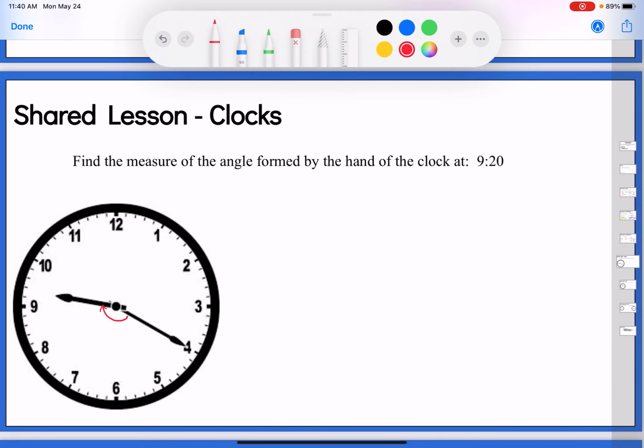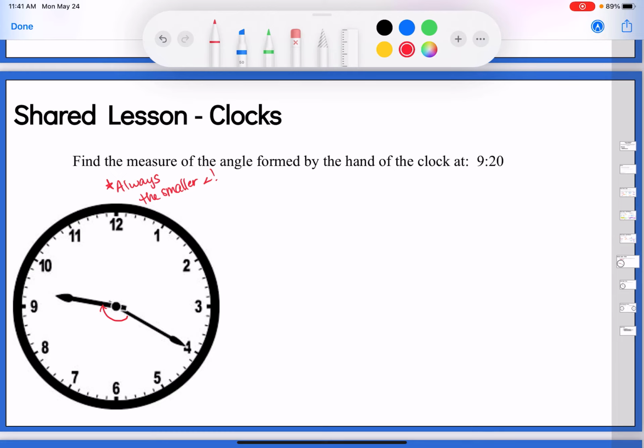We're never talking about the larger one that goes around the outside, like not this angle, nope. It's always the smaller angle that we're talking about with the angle formed by the hands of the clock, okay? Always the smaller angle.